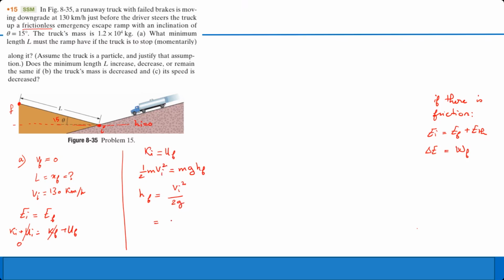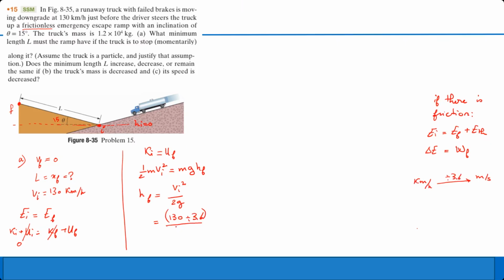You can substitute that. The speed is 130 kilometers per hour. Make sure you convert that to meters per second. How do we do this conversion? I will divide by 3.6. Always remember, kilometers per hour to meters per second, divide by 3.6.